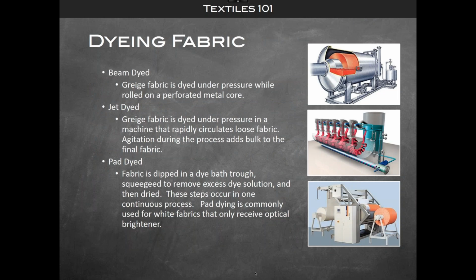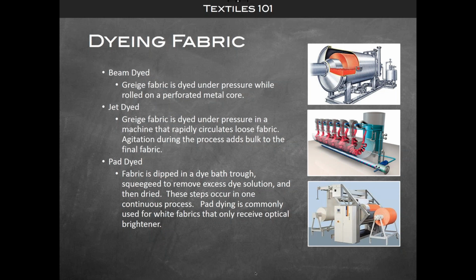So now that we've covered fabric construction types, we're going to move into dyeing. Here are three methods of dyeing fabric. The first method is beam dye. In beam dye, your unfinished fabric or gray fabric is rolled onto a metal cylinder or core that is perforated.